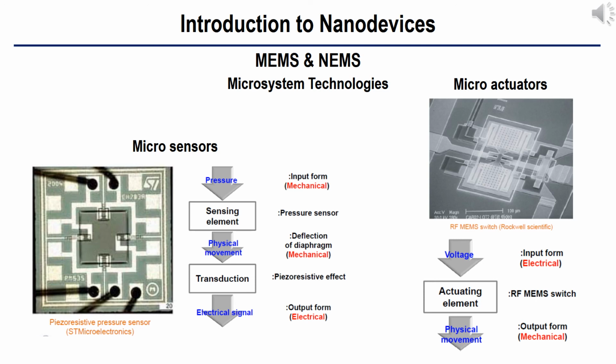They can create a force to manipulate themselves, other mechanical devices, or the surrounding environment to perform some useful function. As shown in the right figure, a radio frequency MEMS switch can take an input electrical signal in the form of time-dependent voltage and translate it into a mechanical output for the physical movement.